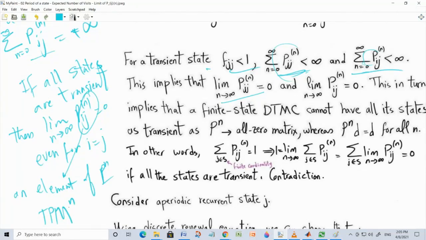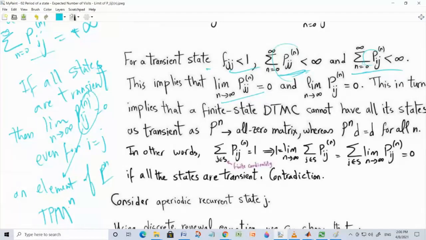And so now we are doing something by way of contradiction. Let's assume that we can really have a finite discrete time Markov chain in which all the states are transient. Then according to the rules till now, it must be the case that if you take the transition probability matrix and raise it to higher and higher powers, then the elements of p to the power n must decay.